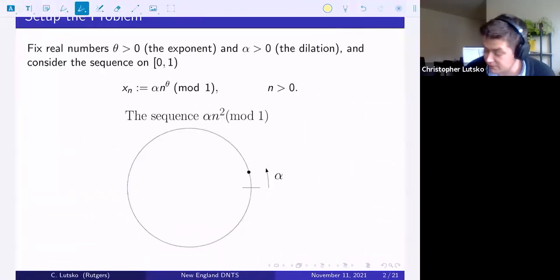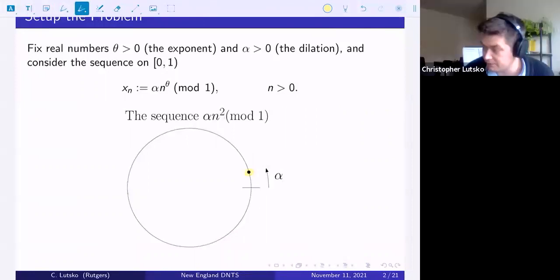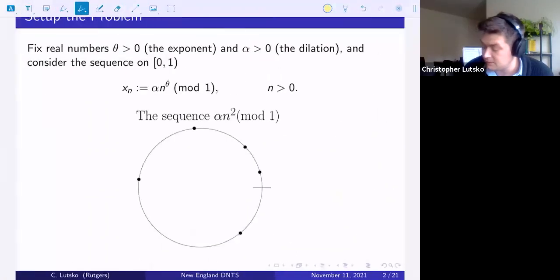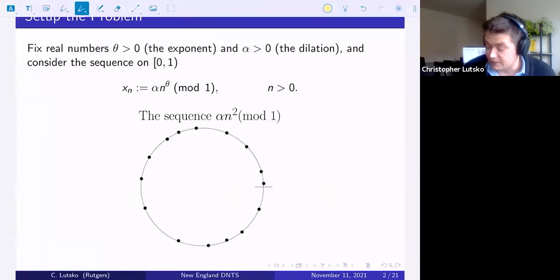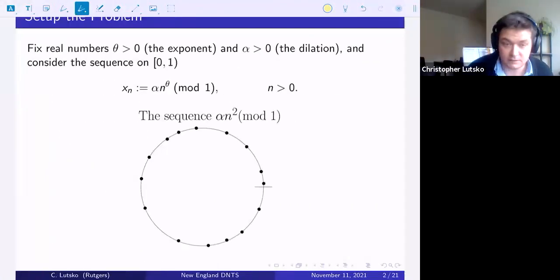If the exponent is larger than 1, again, you start off with just a rotation by alpha, but then your next rotation brings you to 4 alpha, and then 9 alpha, 16, 25. But then after that, you start filling in the gaps. So notice when the exponent is larger than 1, your points start getting more and more spaced apart, but the points on the unit circle eventually sort of fill up the space.